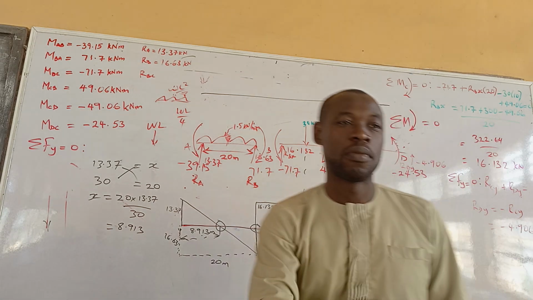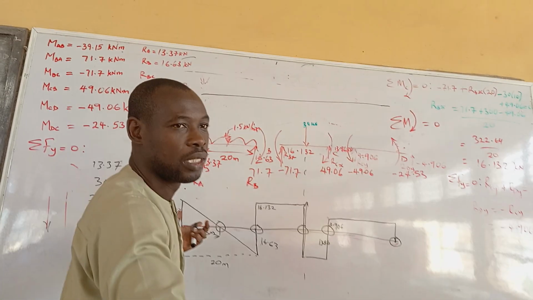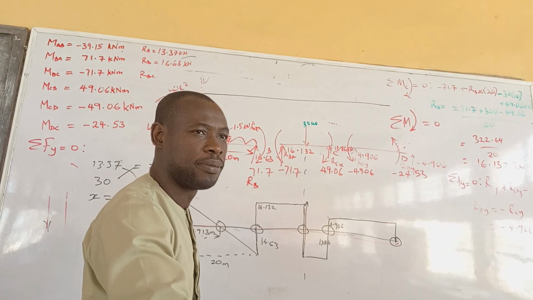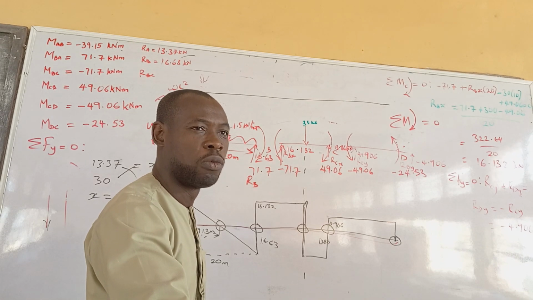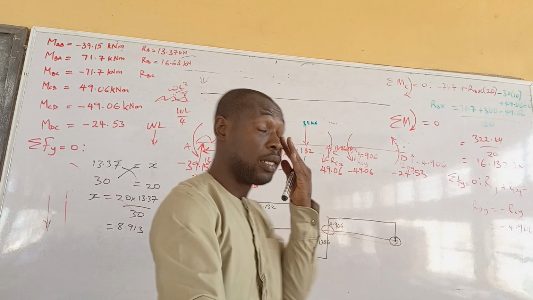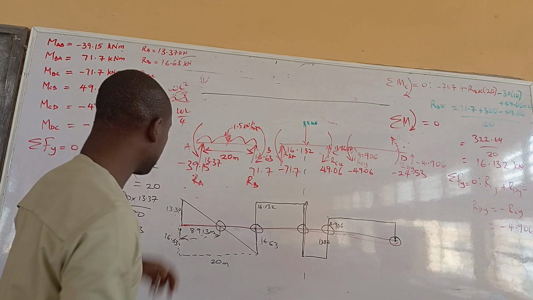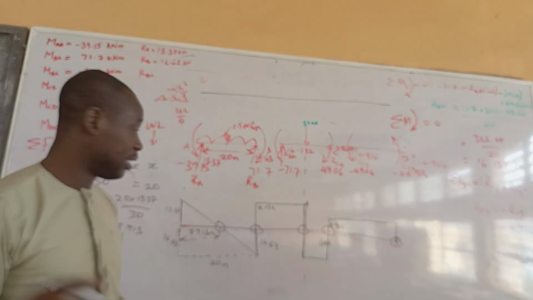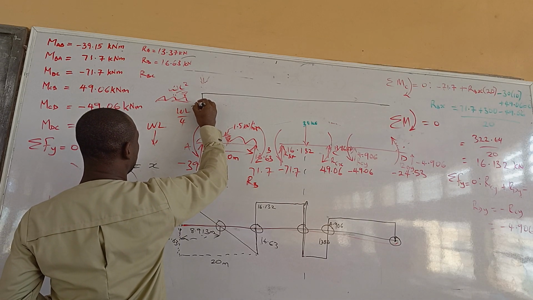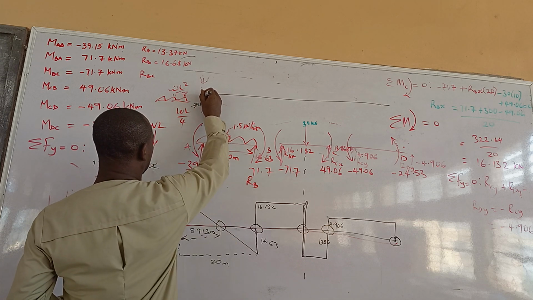Now I will just come to this place. What do I have in the first moment? The first bending moment at the joint, what do I have? We have minus 39.15. That's the first thing I have here. I draw this.